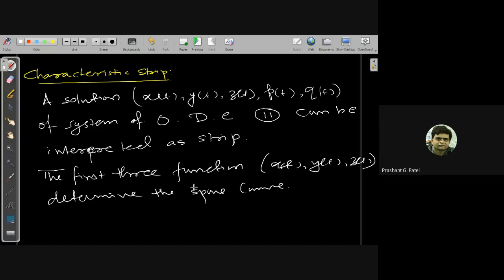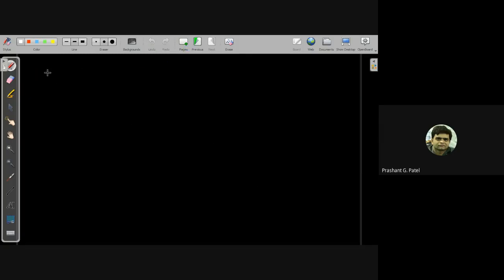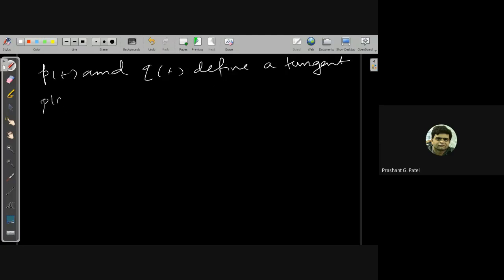And at each point of the space curve, p of t and q of t define a tangent plane with p, q, minus 1 as a normal vector.